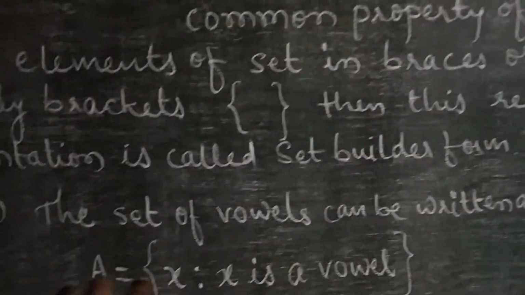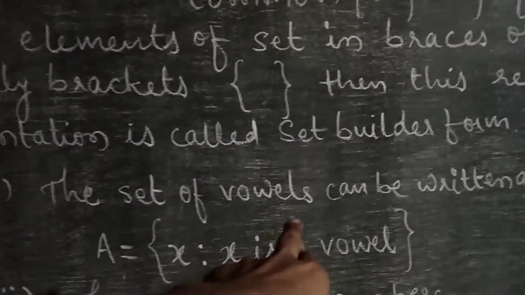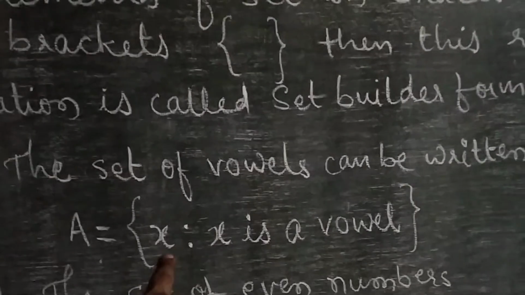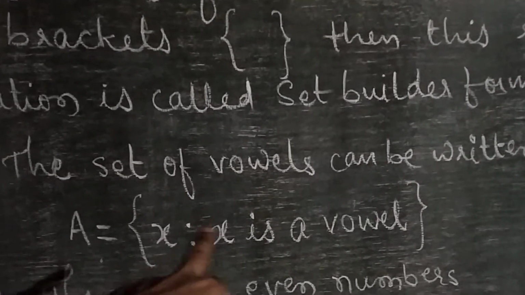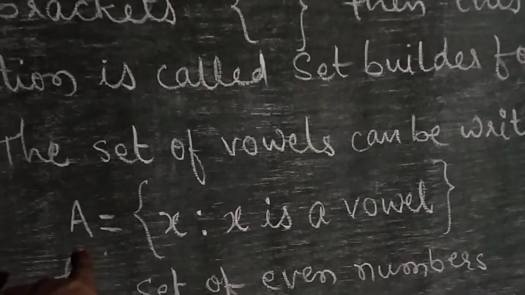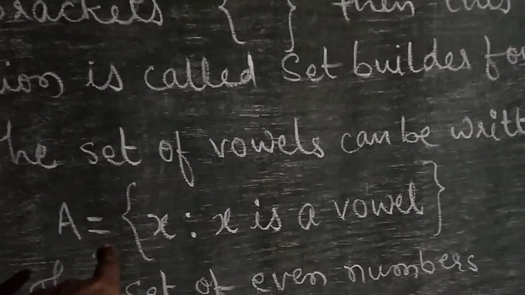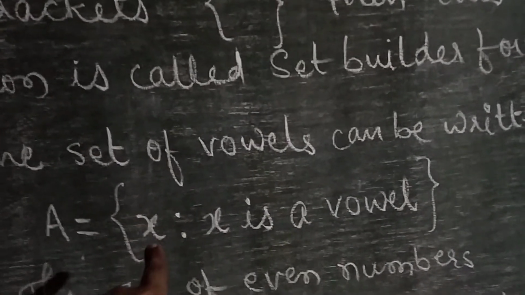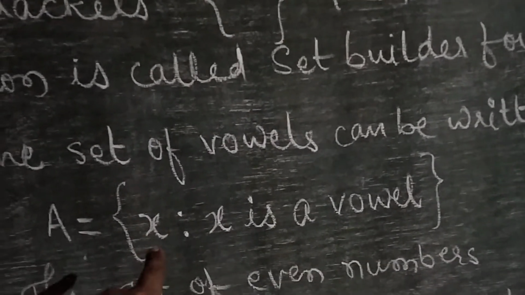So here we can take one example. The set of vowels can be written as follows; this is the set builder form of the set of vowels. How will we write it? First we write the notation of the set, that is capital A, equals, and open the curly bracket. Then we write the symbolic element.